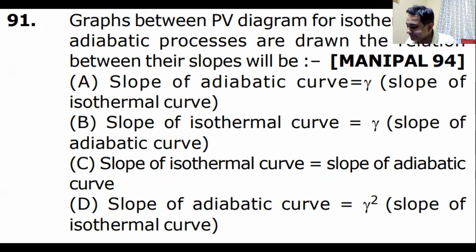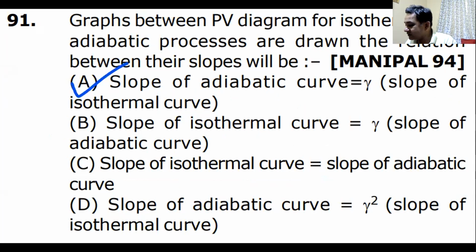Which one? This one. I hope you will get it correctly. The slope of the adiabatic curve is gamma times the slope of the isothermal curve. That is the correct answer. I hope you have redeemed your vouchers.